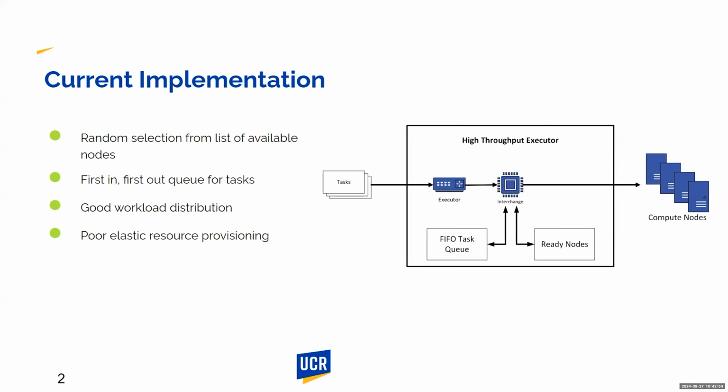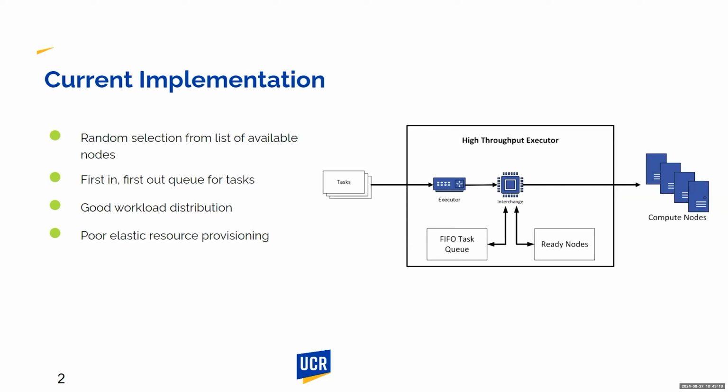It was a standard FIFO queue for the tasks, and the current implementation does really well with workload distribution. In testing, we saw a very balanced distribution across the different blocks and across the different workers. But this causes a problem when it comes to scaling behavior.